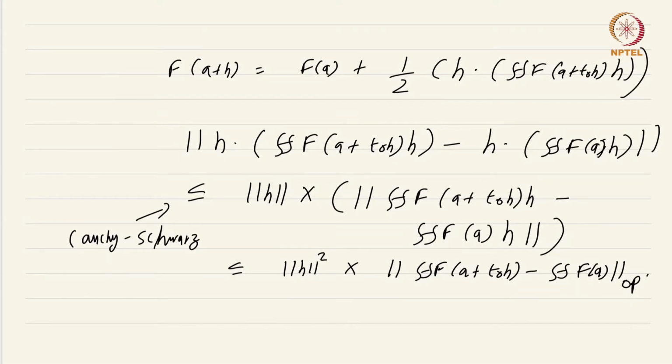Okay, now what does this tell us? Well, we know that the function f is C2 smooth. So the second derivatives of f at the point a plus t naught h will get very close to the second derivatives of f at a.